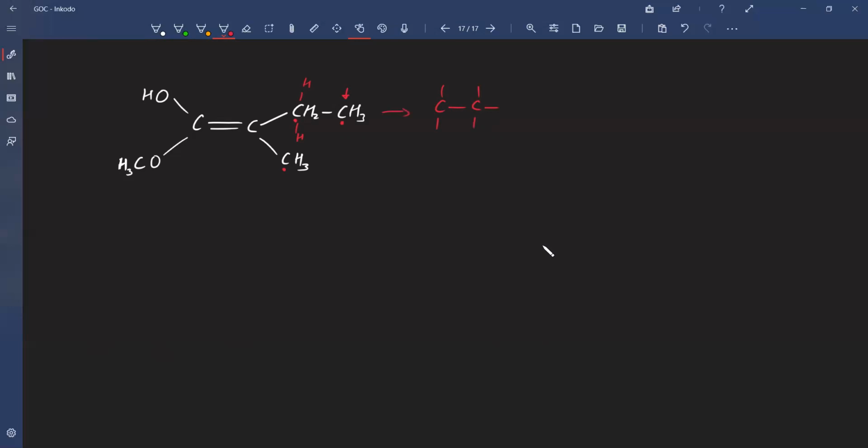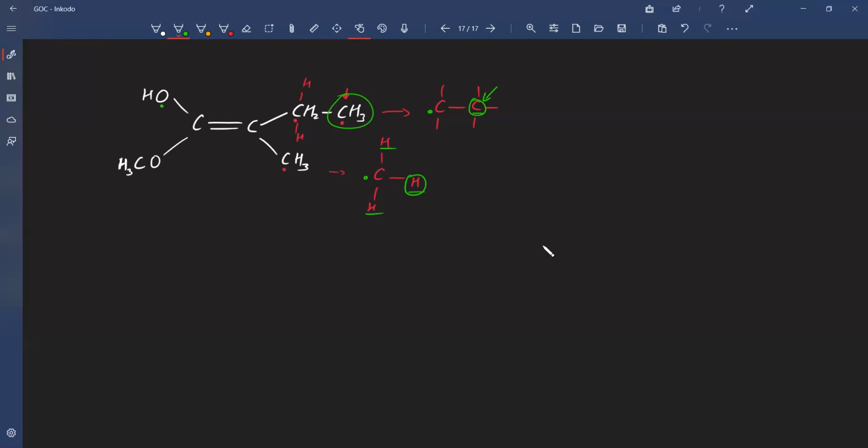And what is this? Carbon, hydrogen, hydrogen, hydrogen. So both are same. What will you do? Move to next. These two are same. Move to next. This and this. So this carbon has the higher priority.